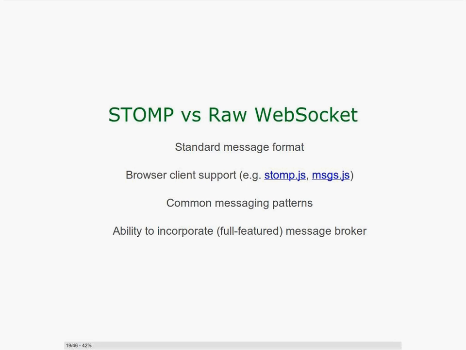In other words, when we use STOMP, we have the choice to plug in something like Rabbit or ActiveMQ for the actual delivery of messages in the backend. And I'm going to explain this in more detail later, so there's going to be more on that. But as you can see, simply by deciding to use STOMP, we already have a standard message format, and we have client-side support, and we didn't have to write a line of code. So all of that is really a big gain.